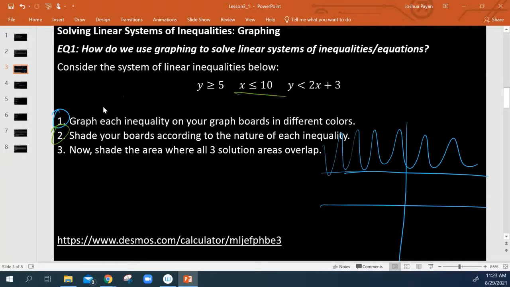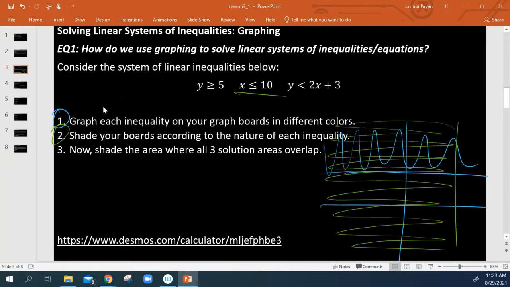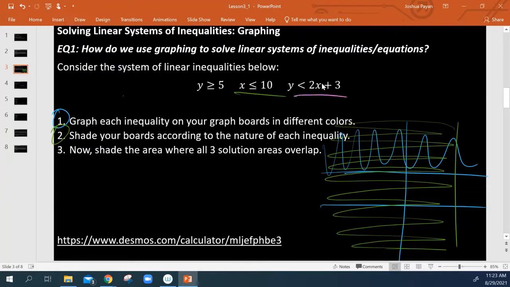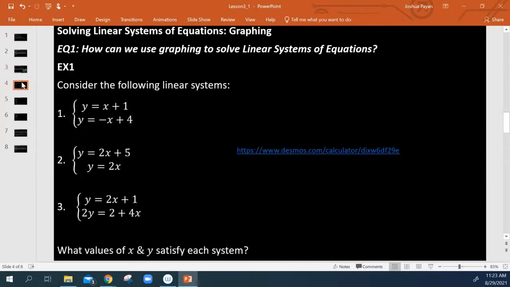Then we'll do x less than or equal to 10. So that means everything to the left of that, right? And then this guy here, which we already saw the picture for. And this triangle where they all three overlap is our solution area. Okay? So it's pretty straightforward, pretty visual and intuitive. Not going to spend too much time on it.